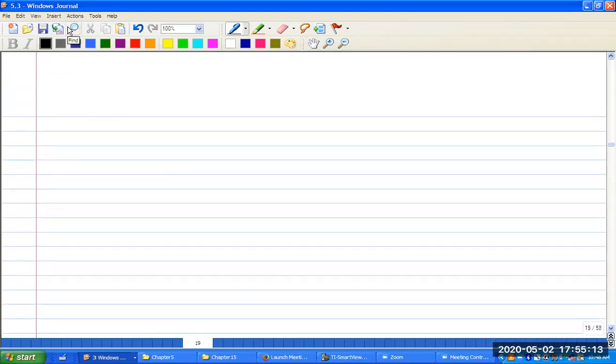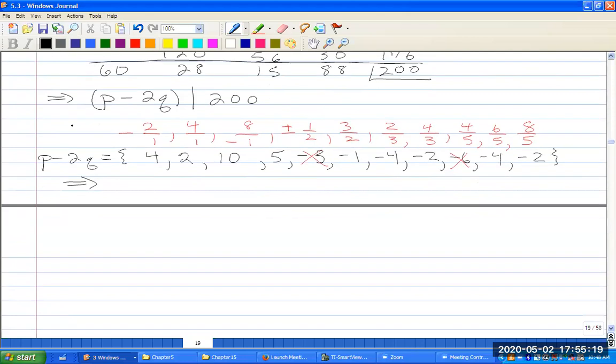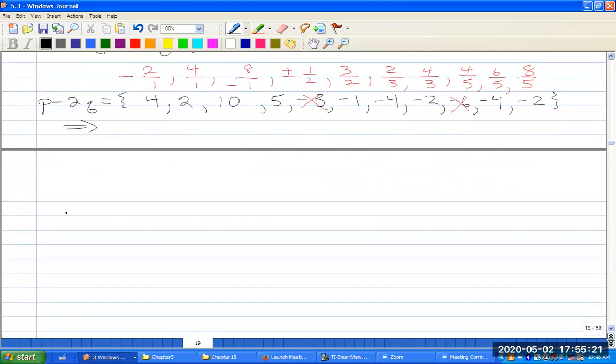So in this case, the P over Q. Again, this was just a problem so that you'll see how to do it. But so P over Q, negative 2, 4, the negative 8 still works.